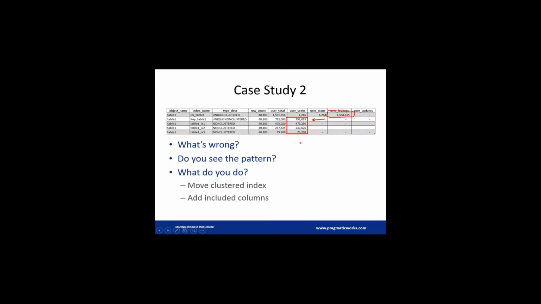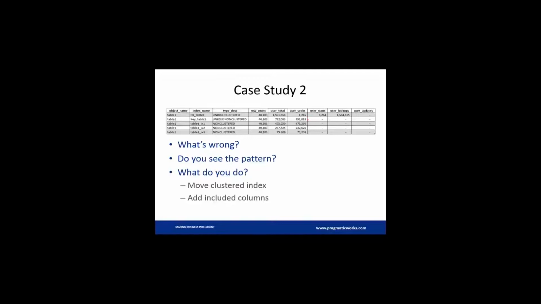In this kind of scenario, there are two ways that you can look at it. One is you can consider the fact that there are very few user seeks and very few scans. In this case, it might be good to move the clustered index to the second index. But you're going to want to take a deeper look at what the columns are.